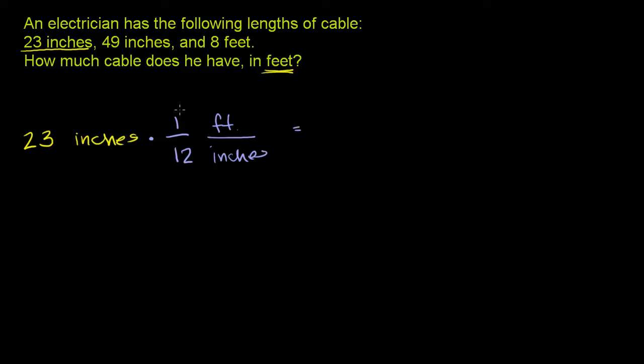This is equal to 23 times 1, which is 23, over 12. The inches cancel out, and we're just left with feet. So that is 23 over 12 feet. This is an improper fraction, but I'll leave it as an improper fraction for now, because they're actually easier to manipulate than mixed numbers. So that's that first cable.